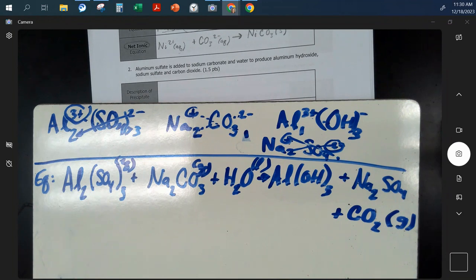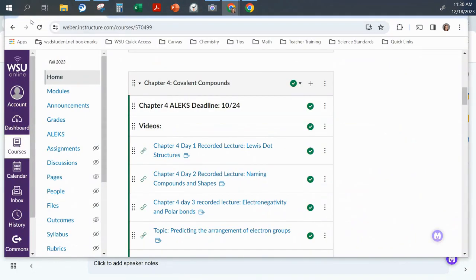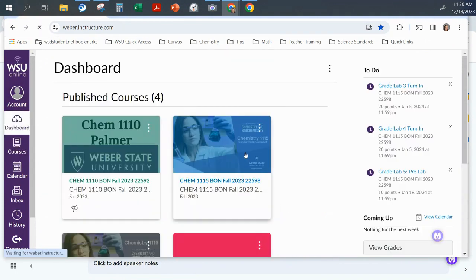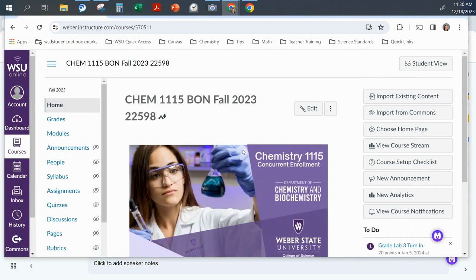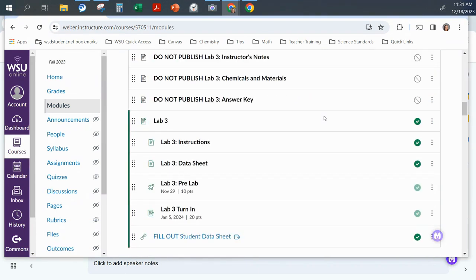So I'm going to go through the Weaver State Canvas. I looked for the wrong class. I'm looking for the module, CRT module, lab 4. We're still looking.